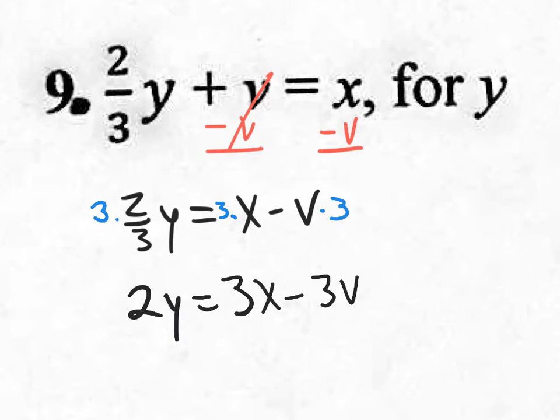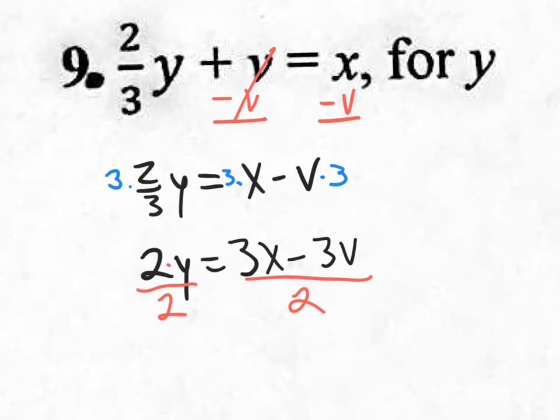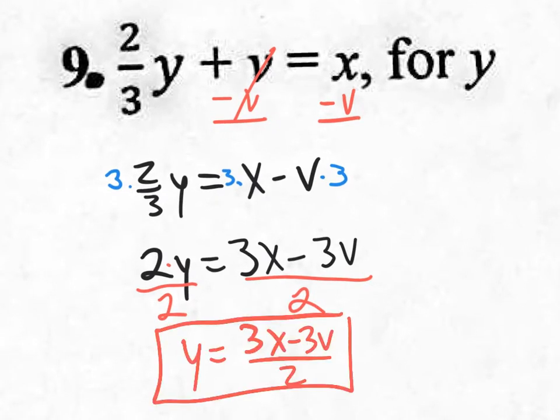What's my final step to get y by itself? To get rid of that multiplication of 2, I divide by the exact value 2. So, my final answer is y equals 3x minus 3v over 2.